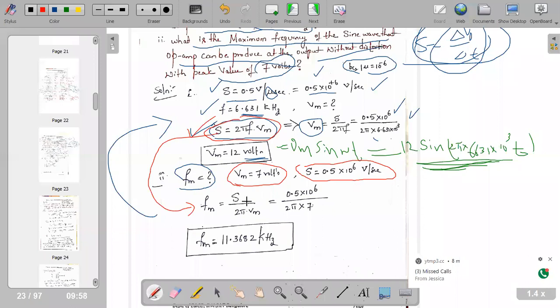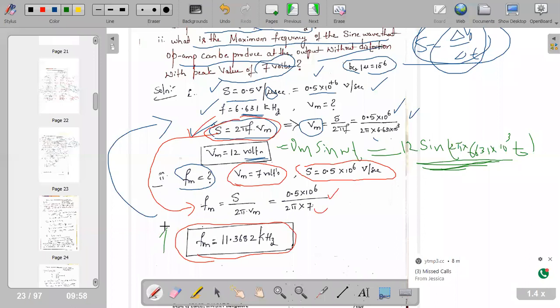Fm is equal to S divided by 2 pi into Vm. We substitute the S value and 2 pi into Vm value and simplify. What is the Fm value we get here? It is 11.368 kilohertz.